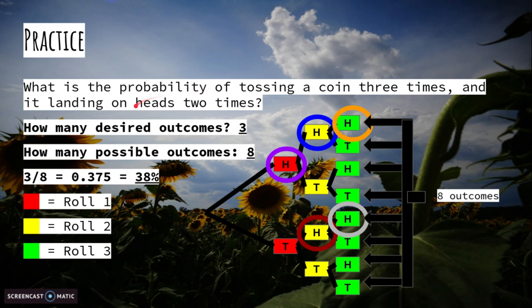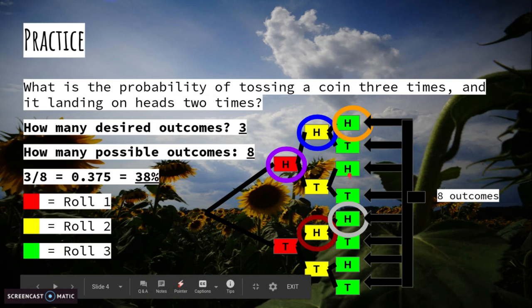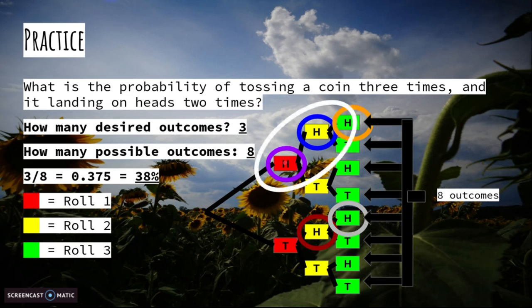We wanted to have it land on heads 2 times. So I circled in different colored rings all the times that there's heads, which I didn't circle these because they have to be next to another one. So here's the first possible outcome that's desired.